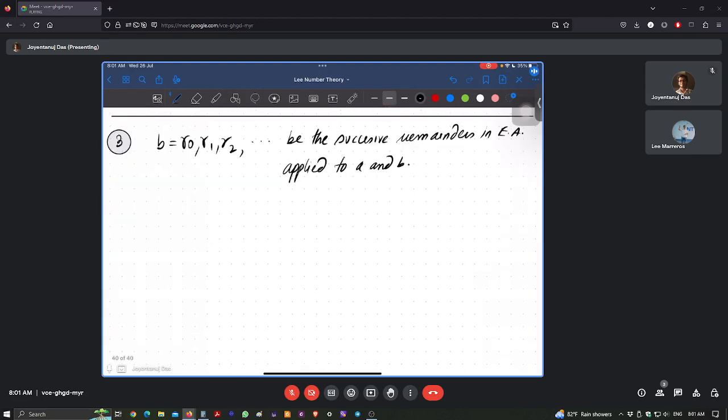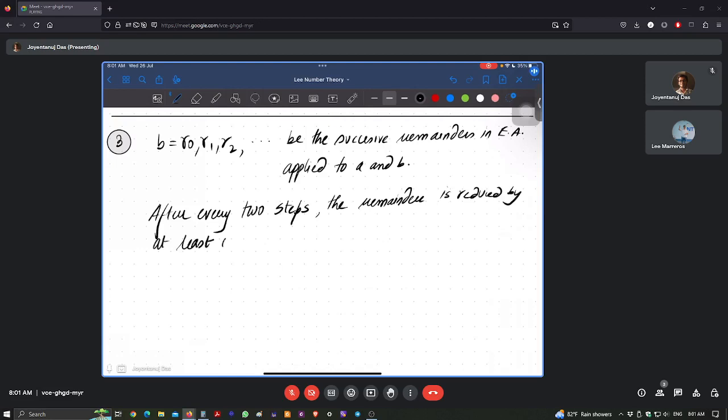Right. So now they are saying to show that after every two steps, the remainder is reduced by at least half. So what they're saying is Ri plus 2 is strictly less than half of Ri.